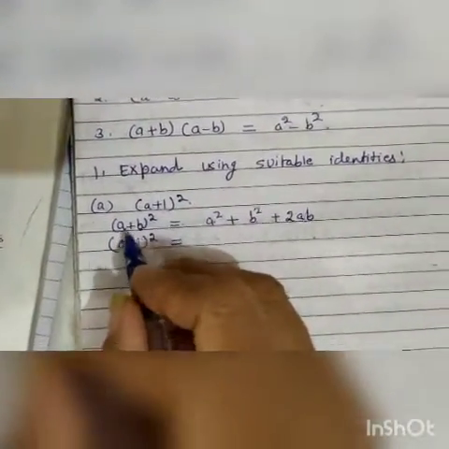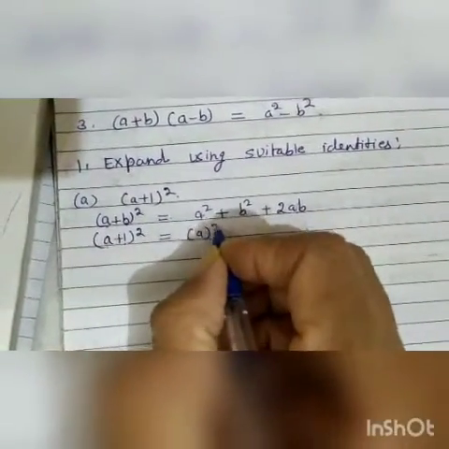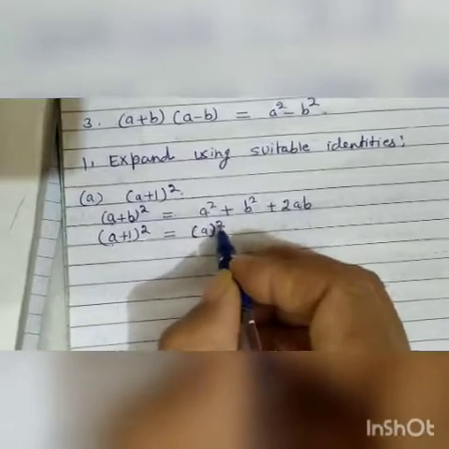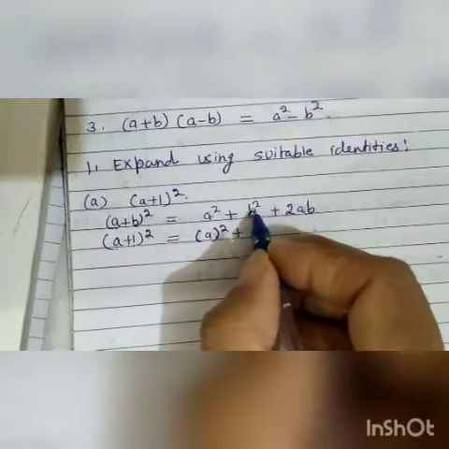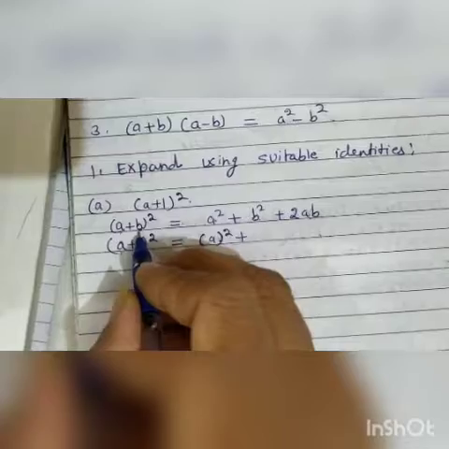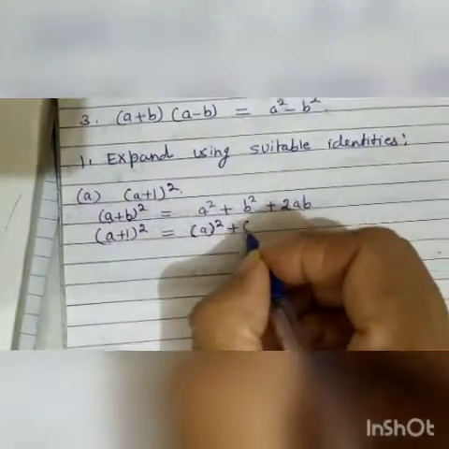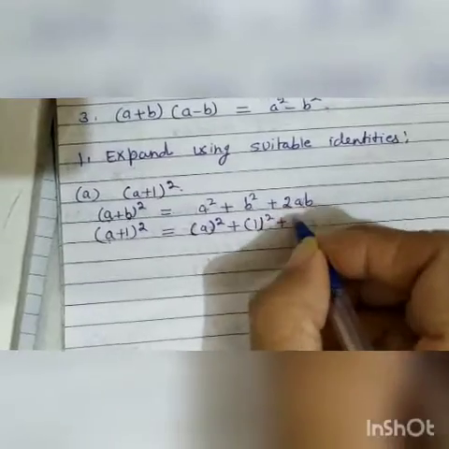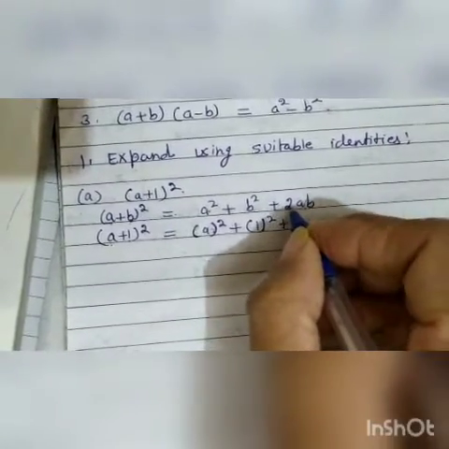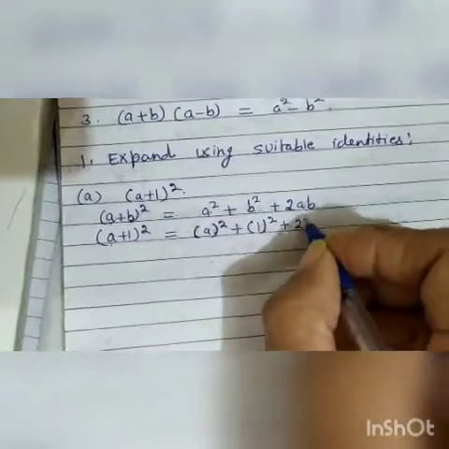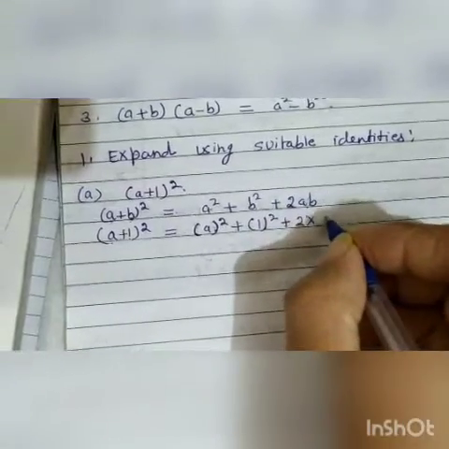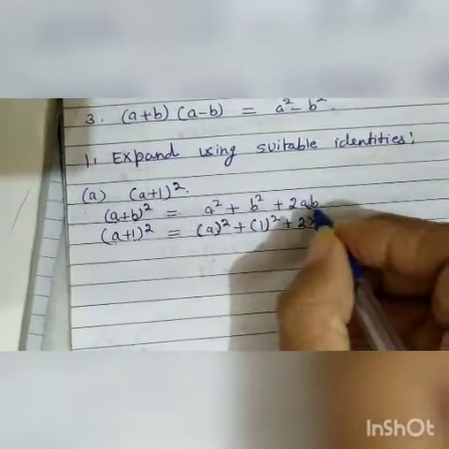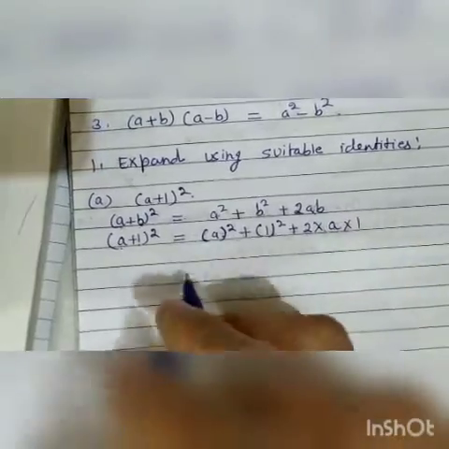Our first term is a, we will write it in the bracket. This is a whole square plus b square. B square means this second term, and our second term is 1. So we will write 1 whole square, then plus 2ab. 2ab means 2 into a into b. So we will write 2 into a, in place of b we will write 1.